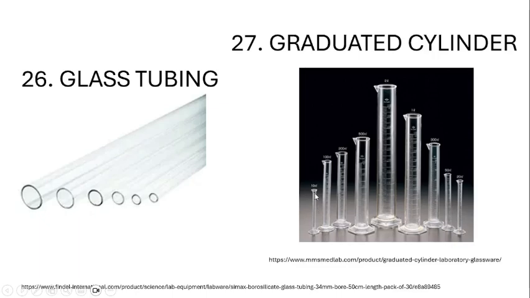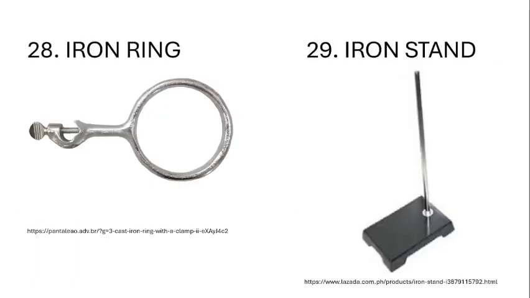And then graduated cylinders come in various graduations. So this is used to measure liquids correctly. And we will have a more elaborate discussion on how to use graduated cylinders in the succeeding experiments.